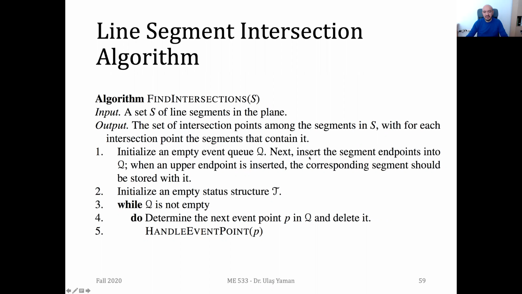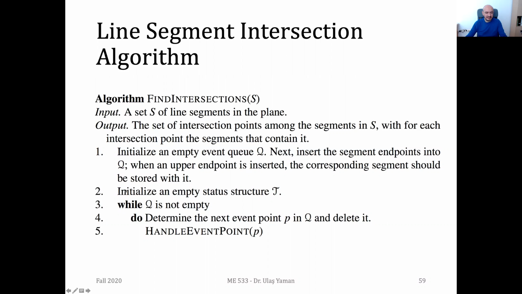Then, as we discussed, we simply insert endpoints into this event queue. Since these are already known, we don't need to add them during the computation. We can do it at the beginning of the algorithm. And if the event point is an upper event point, as we discussed in the previous slides, we should also be storing the segments whose upper endpoint is that corresponding point.